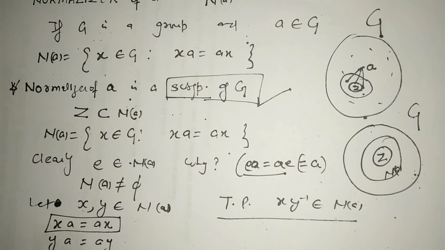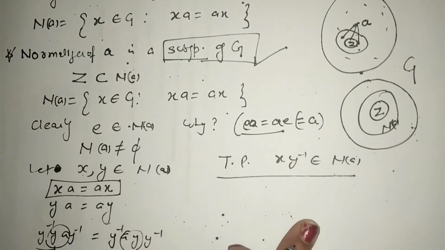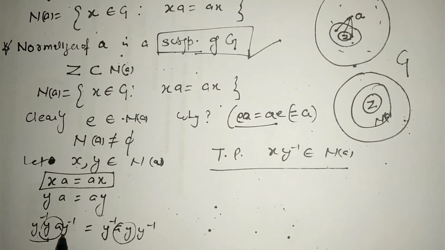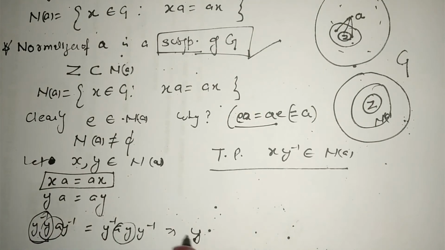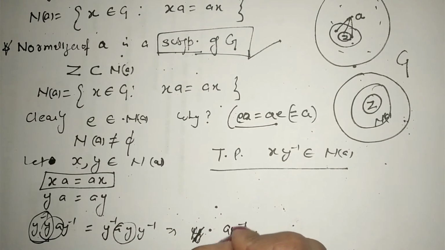This was the element. We multiply by Y inverse, pre and post. So this will give us Y inverse and Y cancel, so we don't need to write it. Just A into Y inverse will be there.